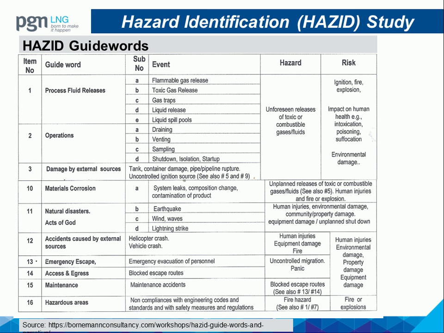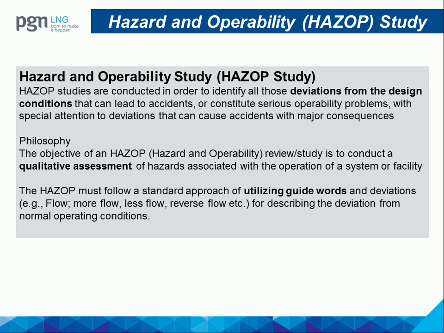Normally this is a standard guide word, so your HAZID chairman normally goes through this, and we brainstorm. The people in the HAZID meeting will give their thoughts, their experience, and give the input to the HAZID study itself.